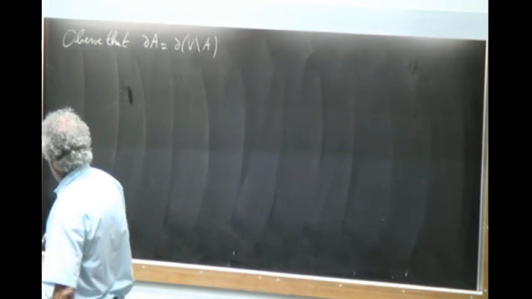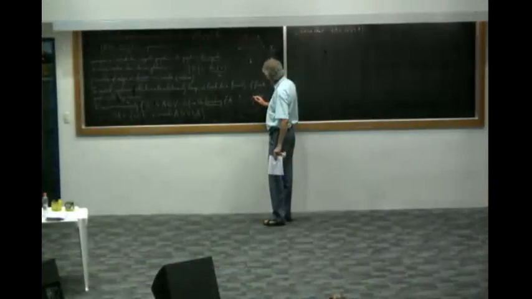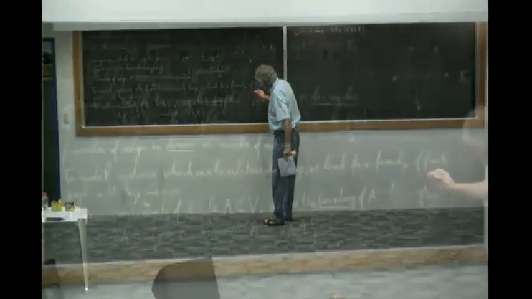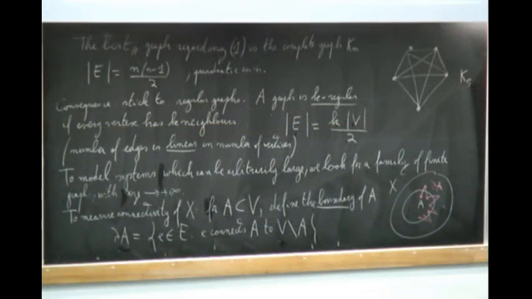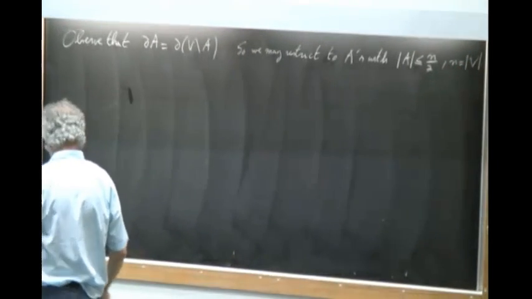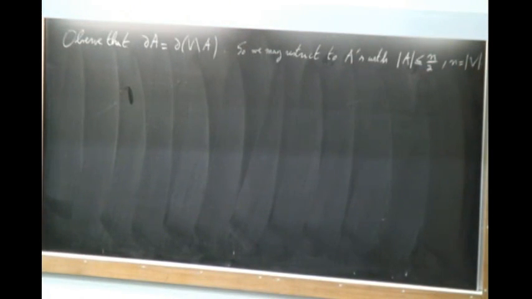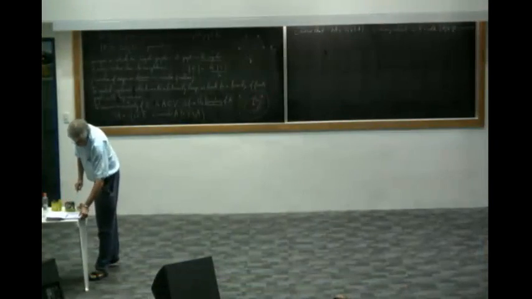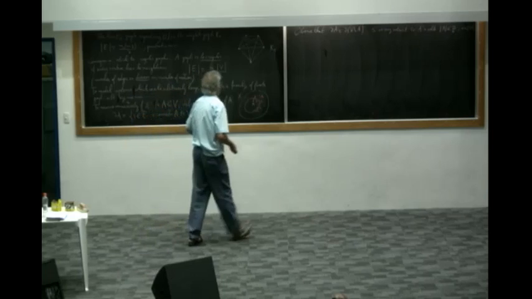So as a consequence, we may restrict to subsets A which are at most half of the total number of vertices, so that the number of vertices of A is at most n over 2, where n is the total number of vertices. And now with this, I may define what is called the isoperimetric constant.